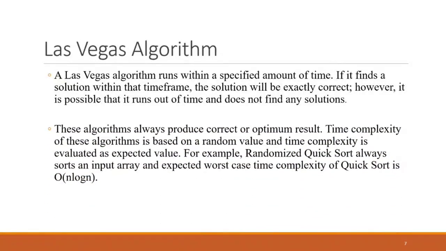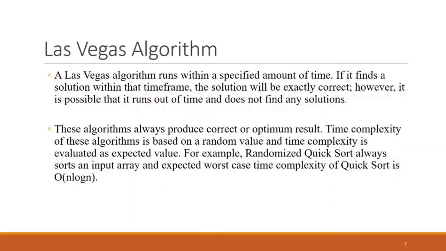Las Vegas algorithm. A Las Vegas algorithm runs within a specified amount of time. If it finds a solution within that time frame, the solution will be exactly correct. That is, it will always run within a specified amount of time, and if it finds the solution within that time, then the result will be exactly correct.